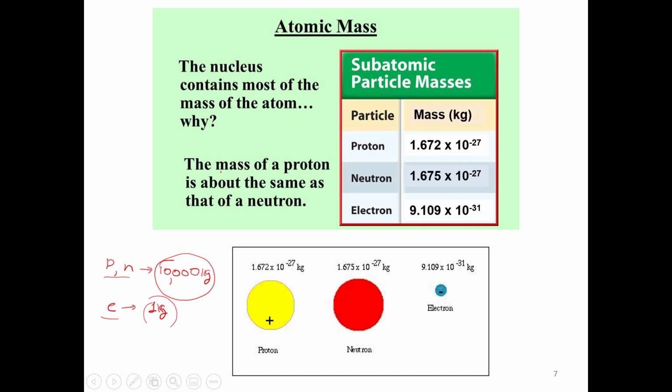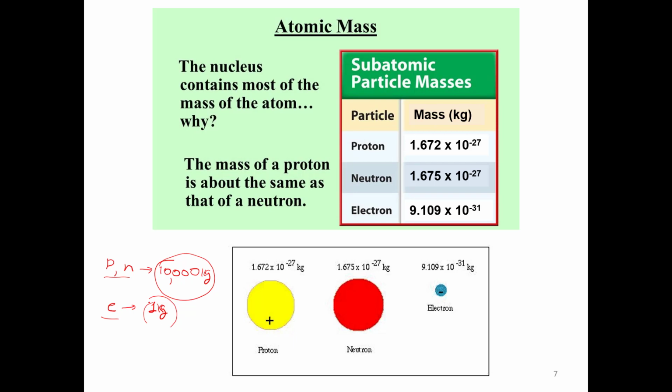This is why when we need to calculate the mass of the atom, we just need to take into account the mass of the proton and the neutron, because these are the significant mass in the atom. We don't need to take into account the mass of the electron because it's really small. It's like if you add 10,000 plus 10,000 is 20,000, but if you want to add just 2 kilograms, it's really a small quantity.